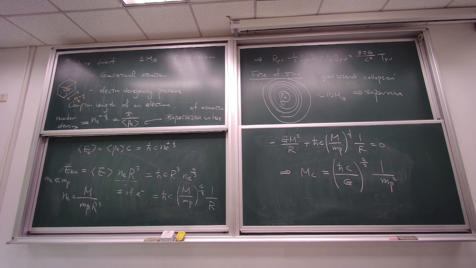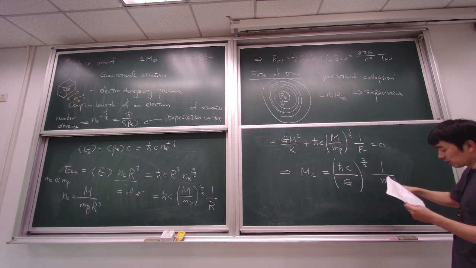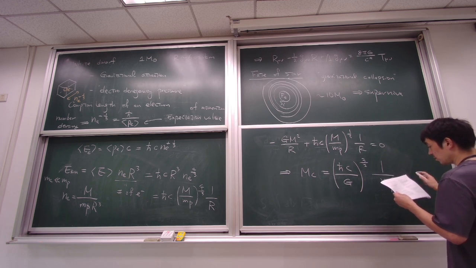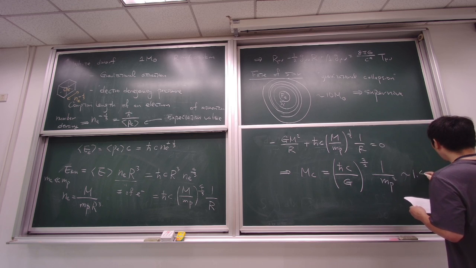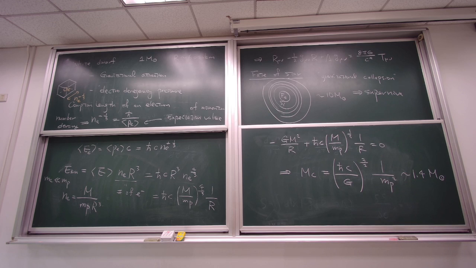It's just a straightforward exercise, which I'm not going to do. If you substitute all the numerical values, this is indeed equal to 1.4 solar masses. That's what Chandrasekhar did.